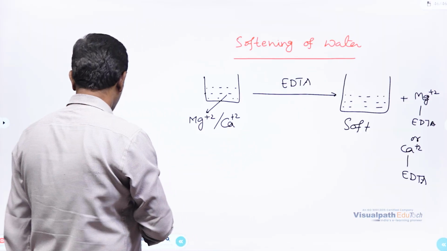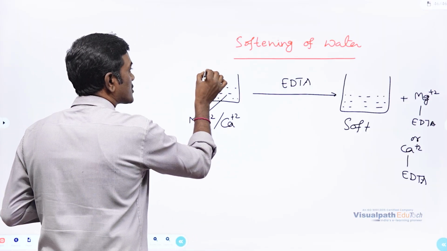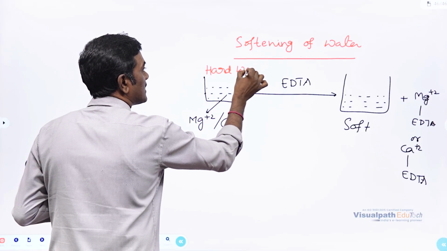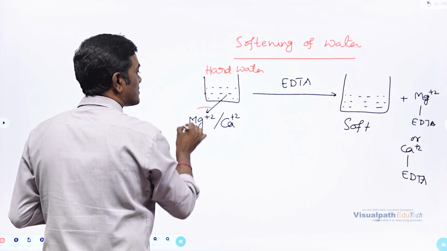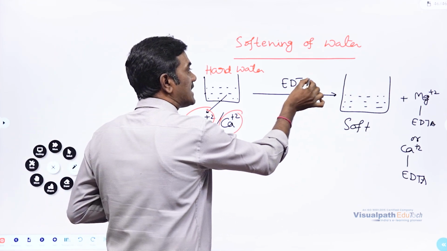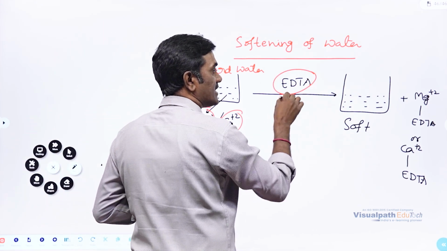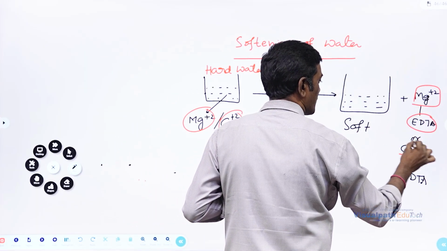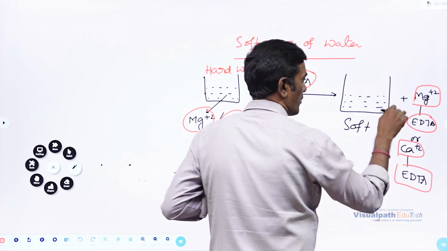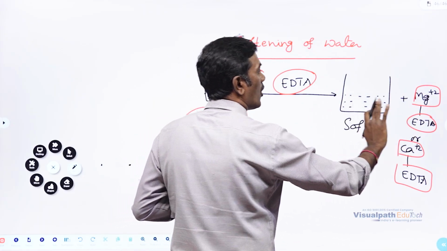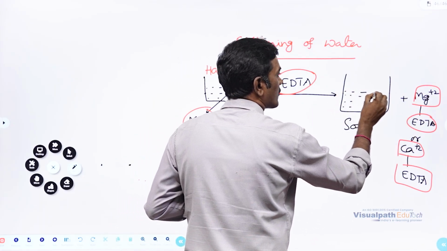Again, I am repeating: this is hard water. Why is this hard water? Because it contains magnesium and calcium ions. If you add EDTA, this EDTA is going to form complexes with magnesium and calcium ions. Once the complexes are formed, they will be removed and go out, and your water is soft.